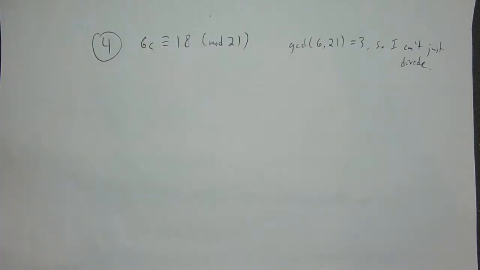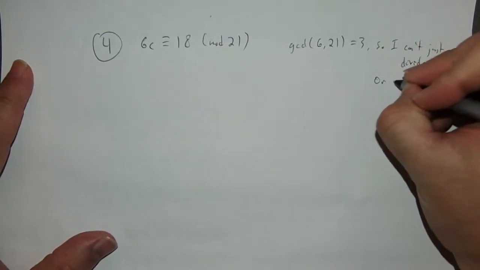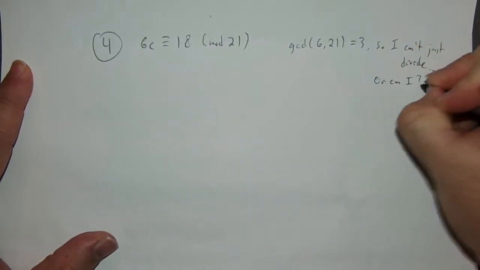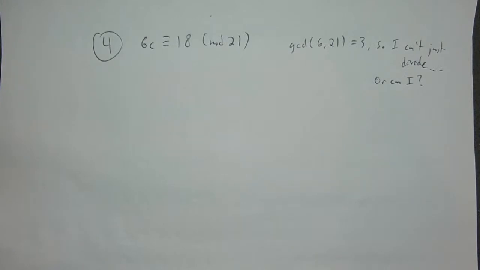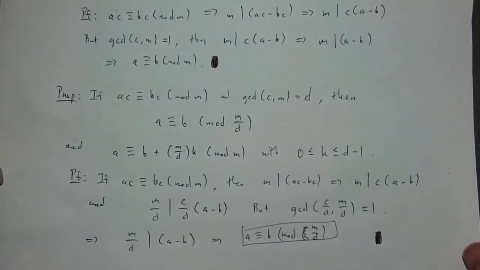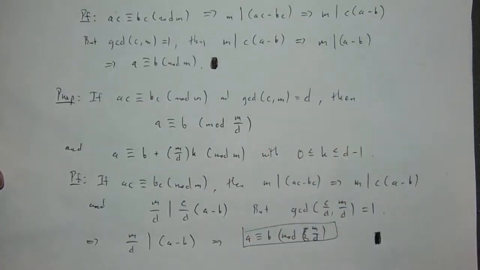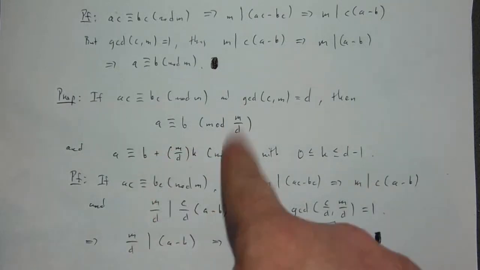Or can I? Well, I can't just divide and keep my modulus the same, but referring back to this proposition that I proved earlier, if I'm willing to let my modulus change a little bit, then I definitely can divide. It's just that I get a congruence mod some different thing.